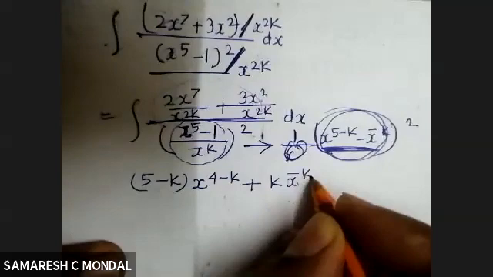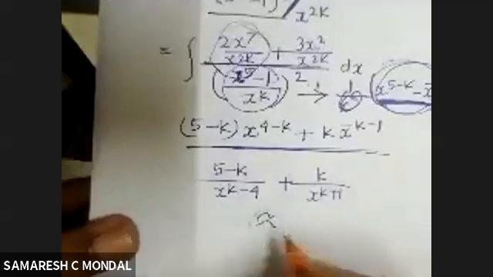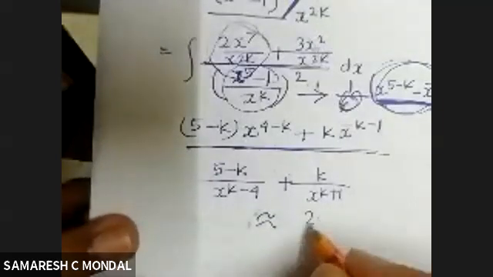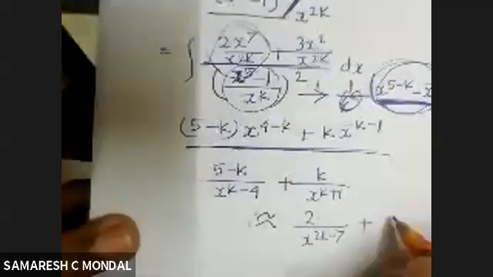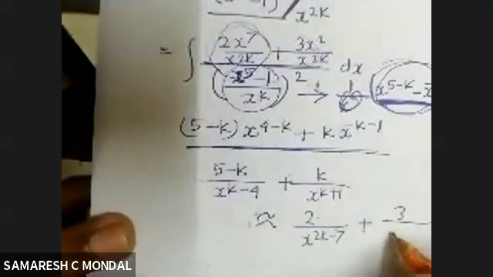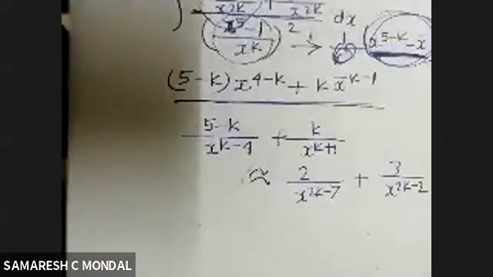So it will be 5 minus k divided by x to the power k minus 4, and k divided by, I wrote like that. This should be similar to 2 by x to the power 2k minus 7 plus 3 by x to the power 2k minus 2, for a particular or unique value of k.